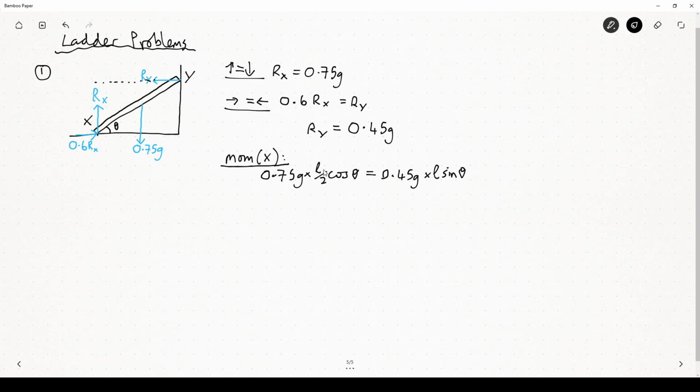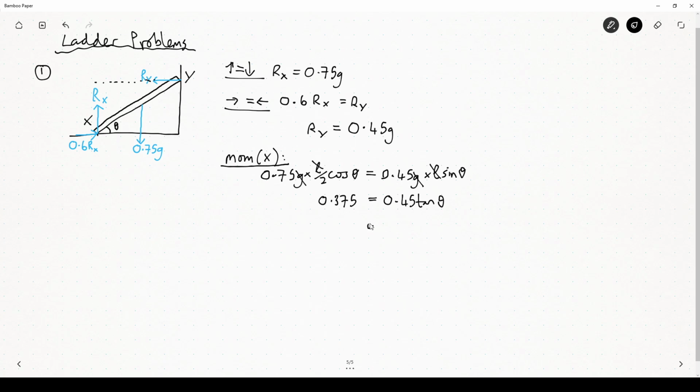Now here you see that it doesn't matter what the length of the stick is, because we can divide both sides by L, we can divide both sides by G, and we can even divide both sides by cos theta to get 0.45 tan theta equals 0.375.